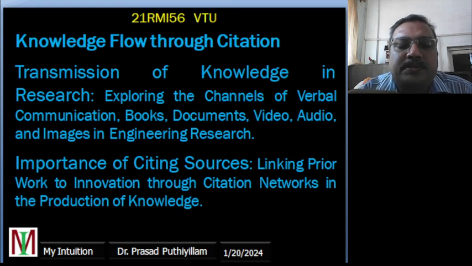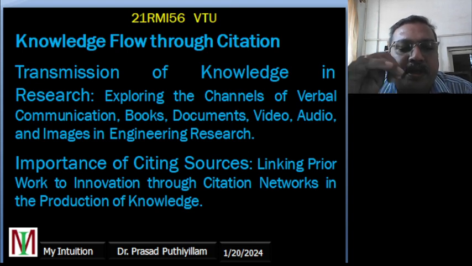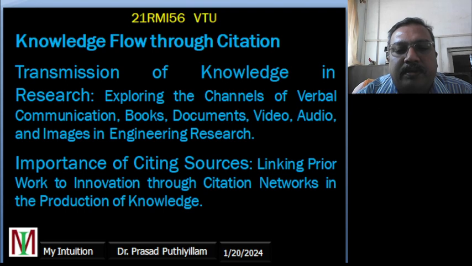So citing a source is important for transferring the knowledge from prior work to the new innovation that we or anybody is doing. Production of knowledge can be related to the citation network. It is a transmission from the previous cited research article to the new invention that we do based on that article.